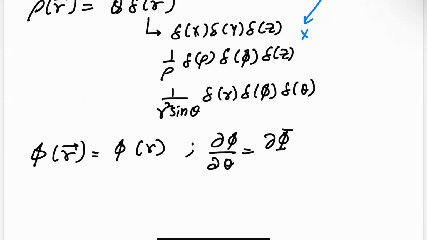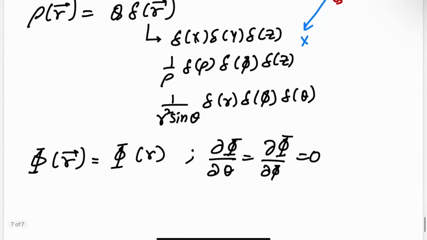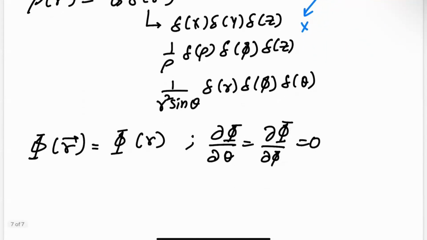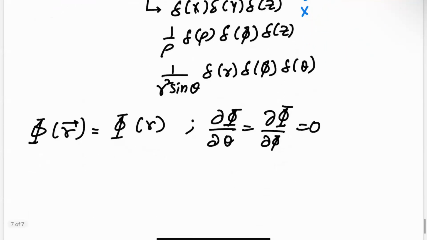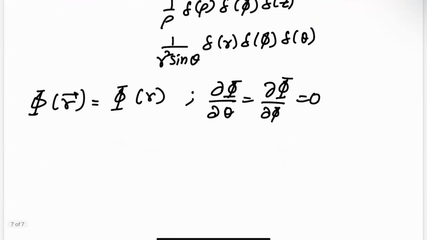I should actually use capital phi here, not to confuse it with the little phi. It's capital phi here and here as well. Little phi is an azimuthal angle, so I don't want to make that confusion.